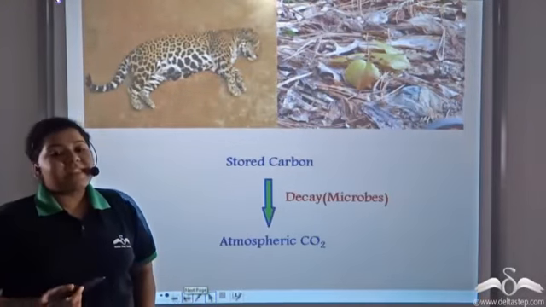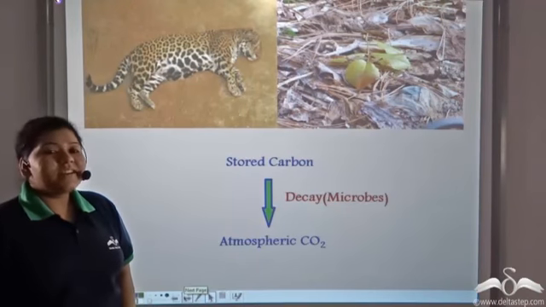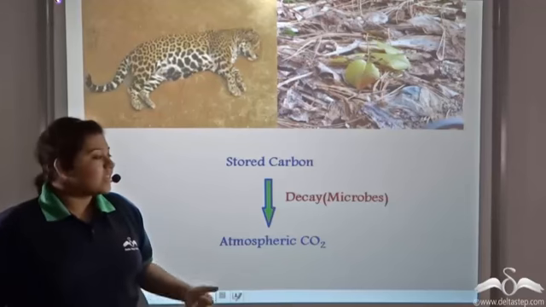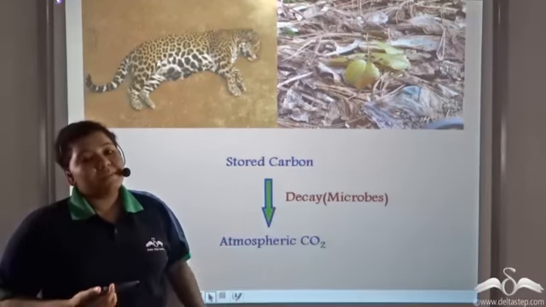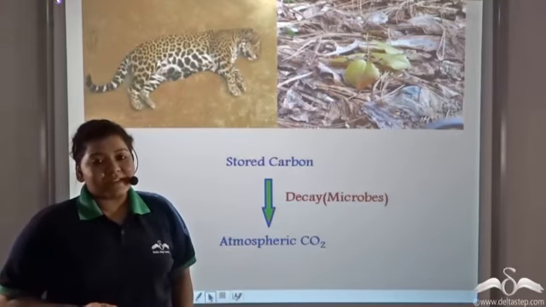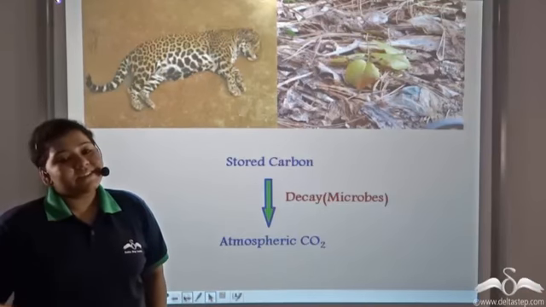Well, when living organisms die, then the dead matter is consumed by microorganisms which break down the stored carbon in the body tissues to form atmospheric carbon dioxide. So again, atmospheric carbon dioxide is refunded.